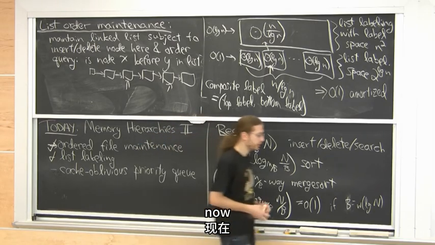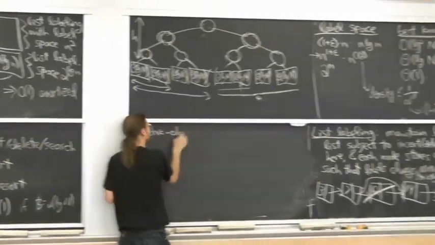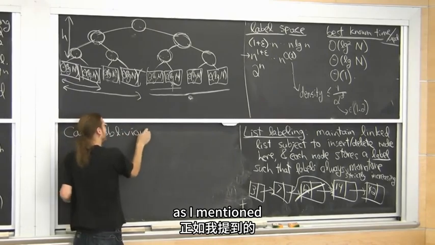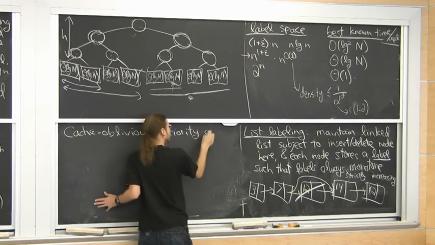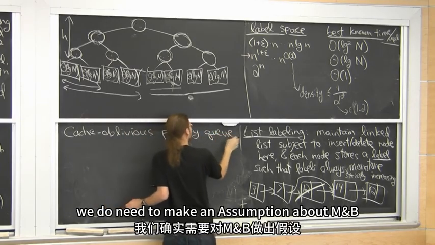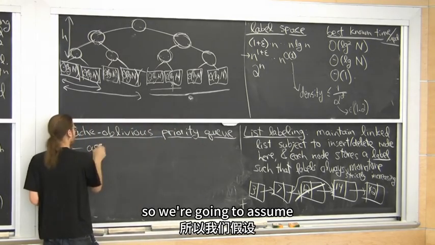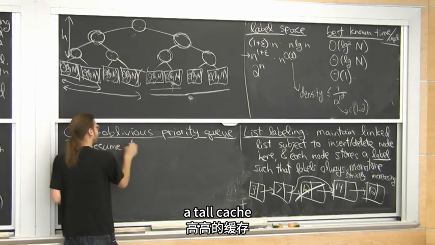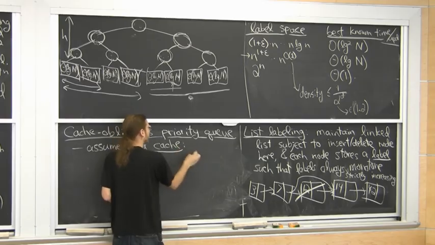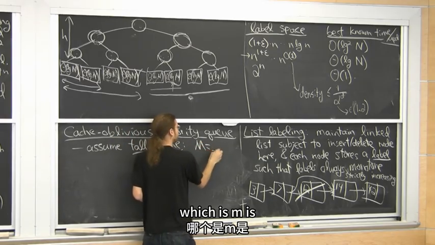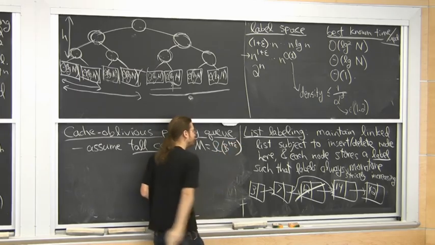Okay, now, as I mentioned, that's the bound we're going to achieve. We do need to make an assumption about M and B and how they relate. So we're going to assume a tall cache, which is M is, let's say, B to the 1 plus epsilon.